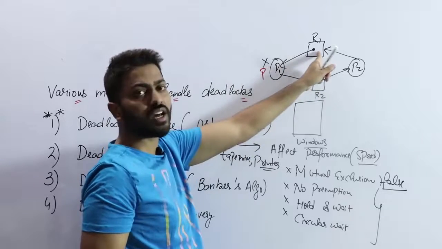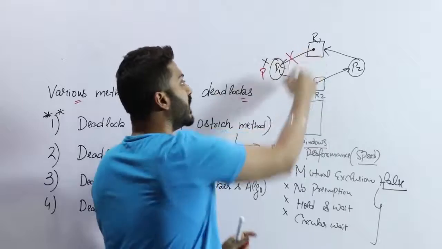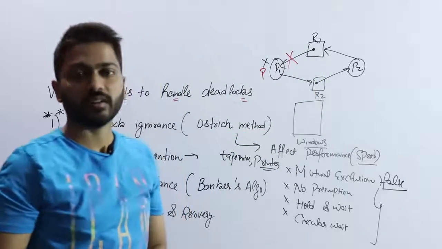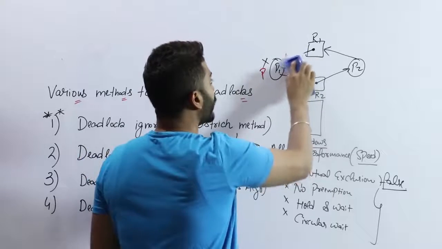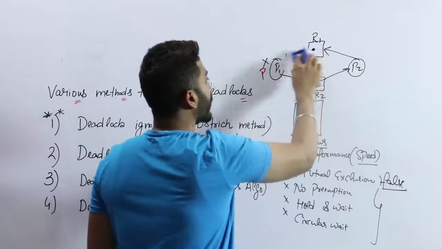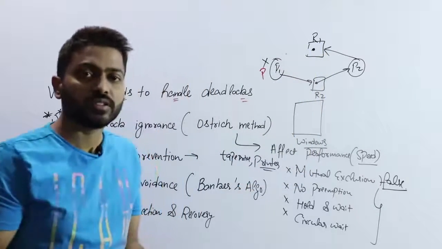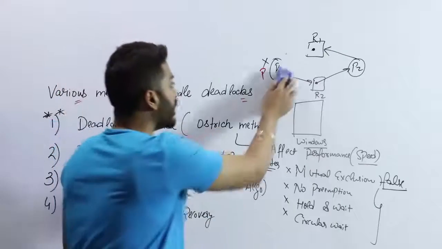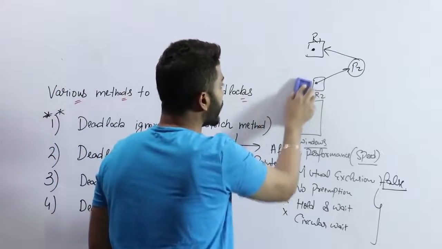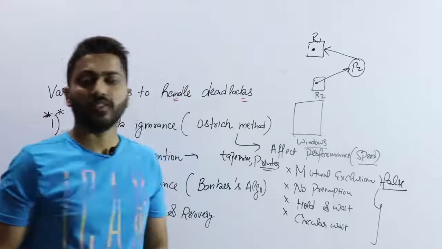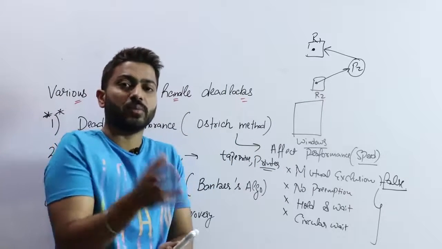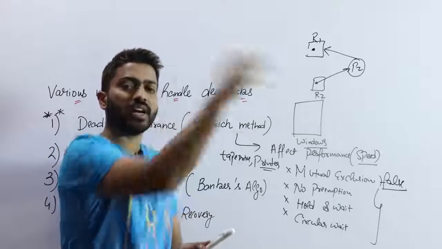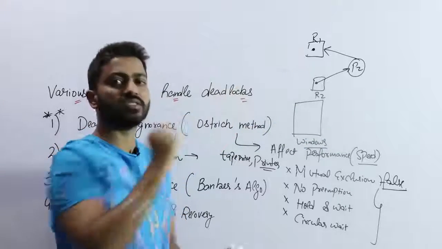P1 is holding R1. This R1 will be taken back. I will simply take back R1 from P1, because in preemption we are trying to switch: P1 will be switched, given back to the ready state, and P2 will start running.